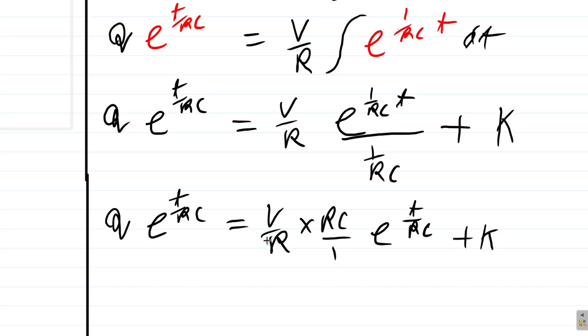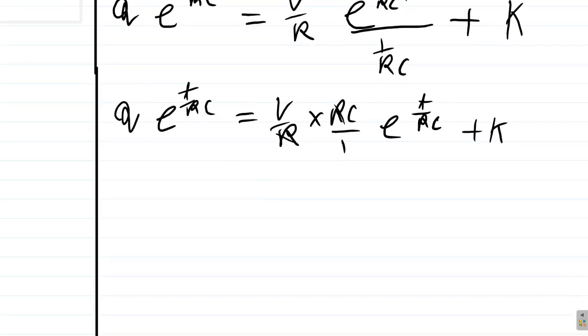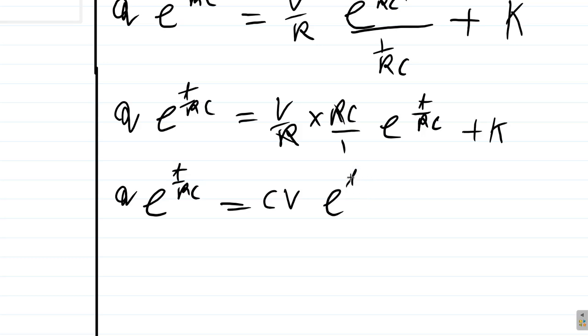Oh, look at this. Resistance will cancel resistance. So we have q e to the t over rc equals c times v, e to the t over rc plus our constant of integration.